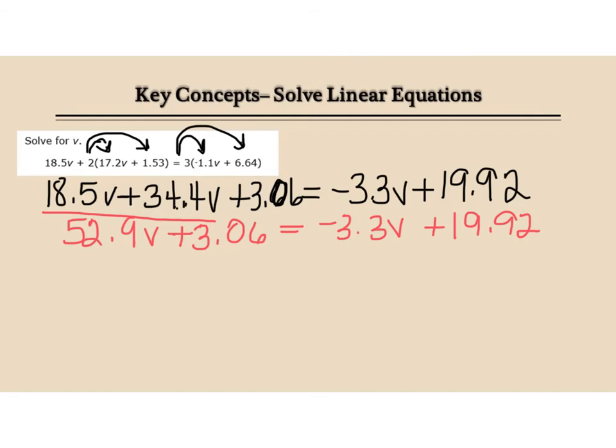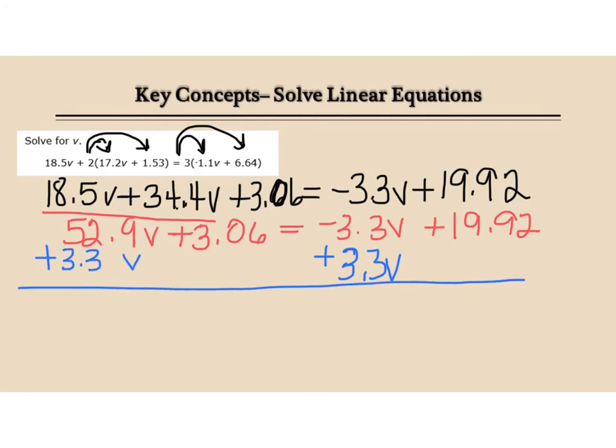Now I find my smaller number of variables and use the inverse operation. My smaller number is negative 3.3. So I'm going to add 3.3v to both sides. When I do that, I have 1992 over here, and I have 56.2v plus my 3.06.